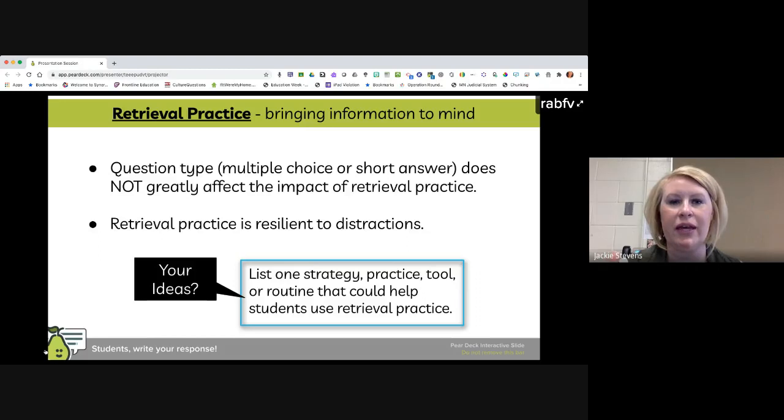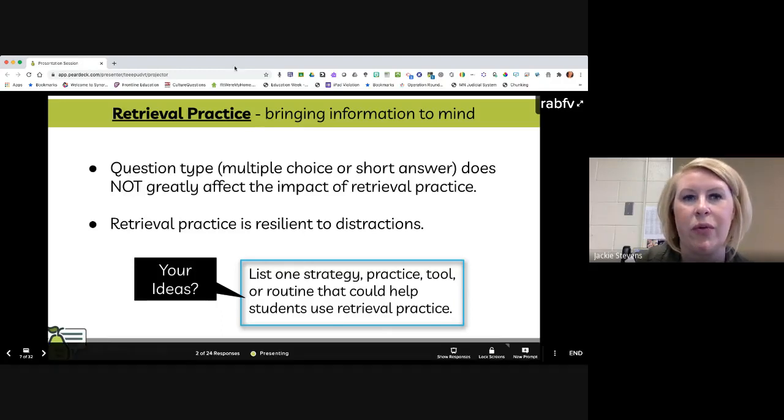So in the box that you should have on your screen if you're following along in the Pear Deck, list one strategy, practice, tool, or routine that could help students use retrieval practice, either in your setting or in another setting that you are aware of.